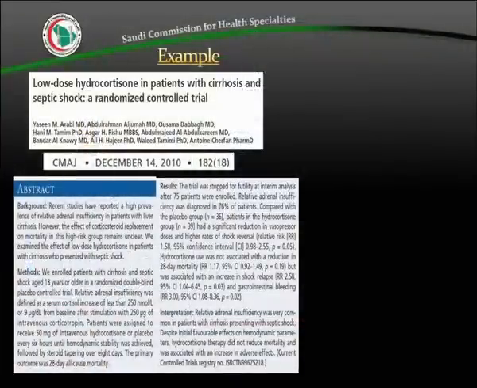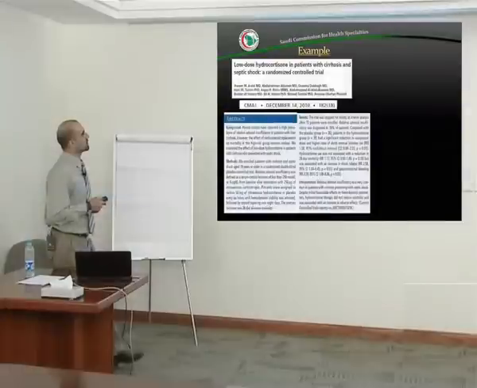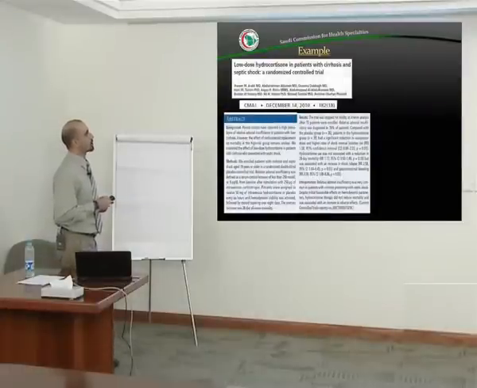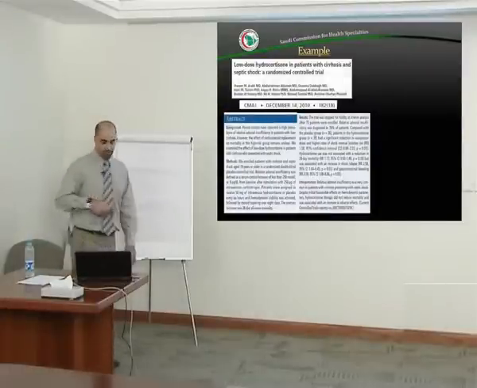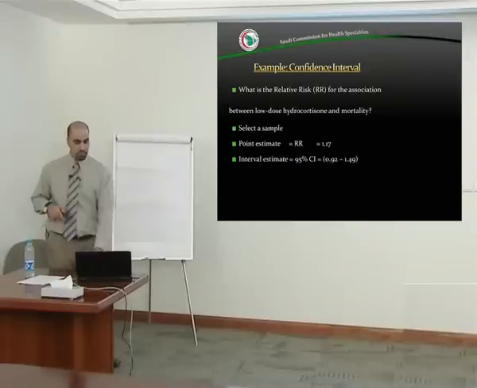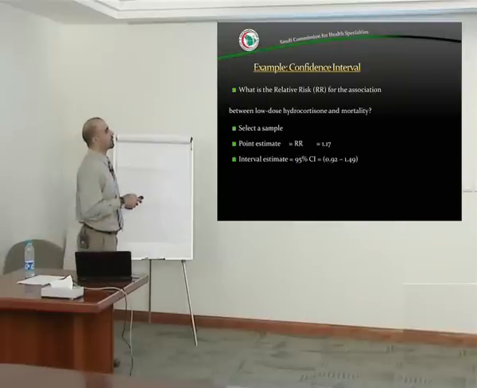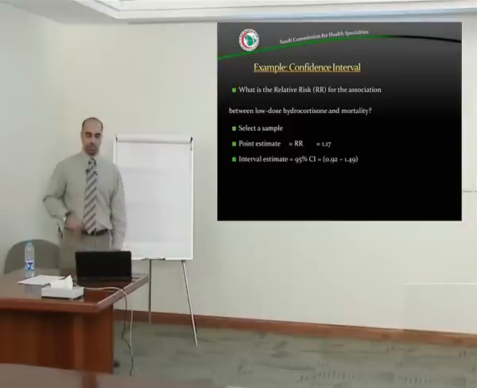Let us take an example: low-dose hydrocortisone in patients with cirrhosis and septic shock, a randomized controlled trial. This is a study that we did about low-dose hydrocortisone in patients with cirrhosis and septic shock. It was a clinical trial. What we found was the relative risk for the association between low-dose hydrocortisone and mortality.